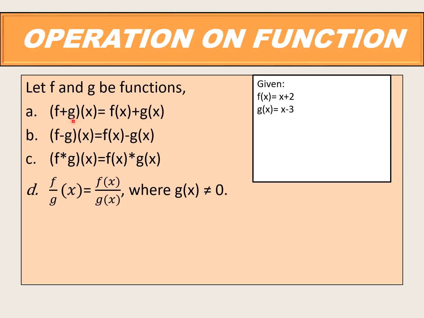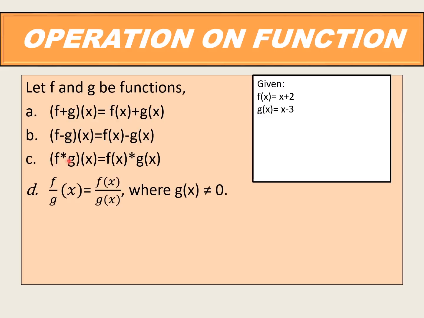Now the second item, letter B, we have the difference. The difference between the functions f and g of the same domain x would always be equal to the first function f of x minus the second function g of x. Now the third definition, we have the product of f and g of x.